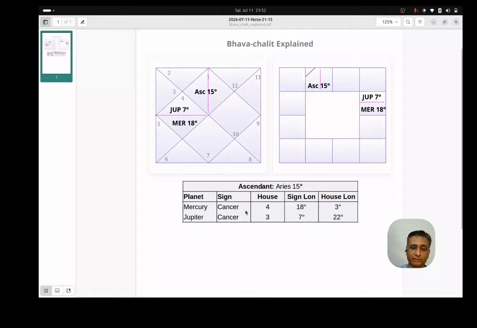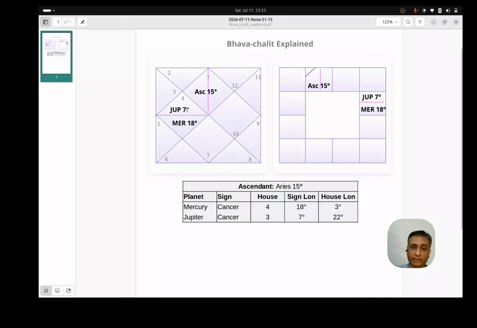This is an undeniable fact. If they occupy a particular nakshatra, a particular pada, a particular navamsa, that is not changing, because these are all sign-based concepts. Show me a Bhav Chalit chart where a planet in Cancer goes to Gemini in navamsa. It's not possible. These are sign-based concepts, and that is why when we say Jupiter and Mercury are in Cancer, it is fine.